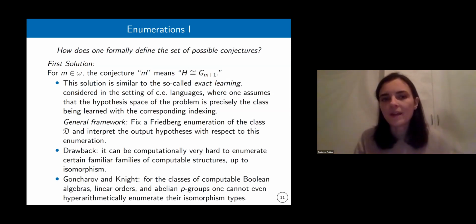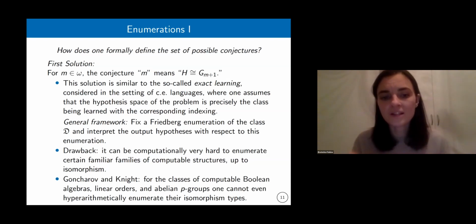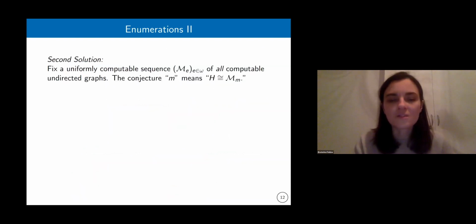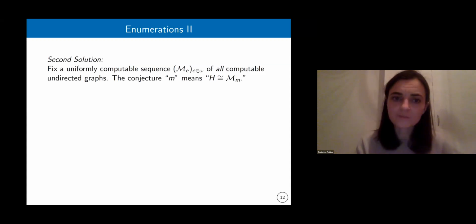So we might use this approach if we want to sweep under the rug the complexity of the enumeration, and we do not want to deal with it. In some situations it's a nice approach, and there will be results that I show you later that use this approach, and you see that the formulation of those results is nicer than using the second approach. But the second approach was, on the other hand, more precise, maybe from the computability point of view.